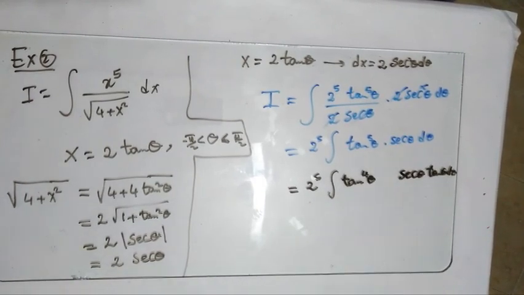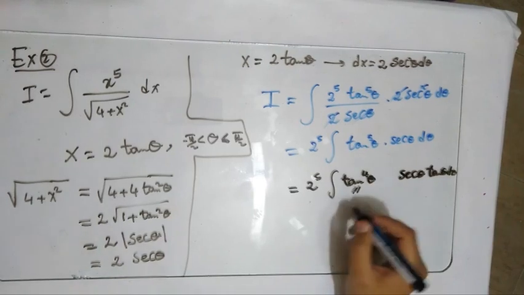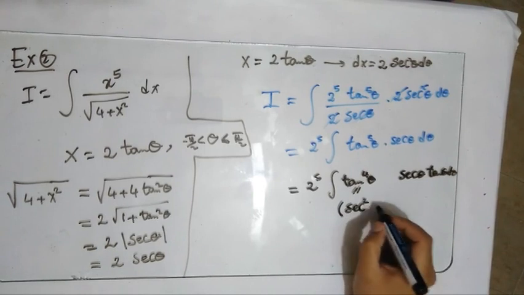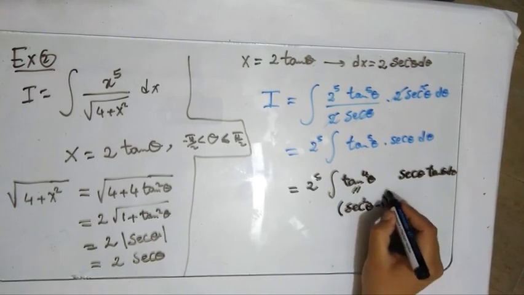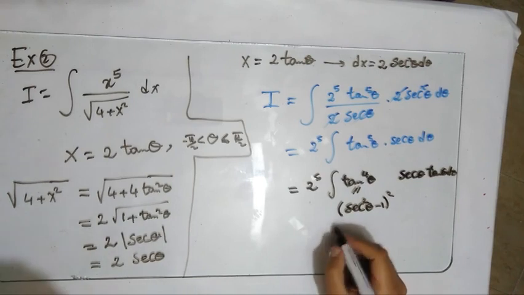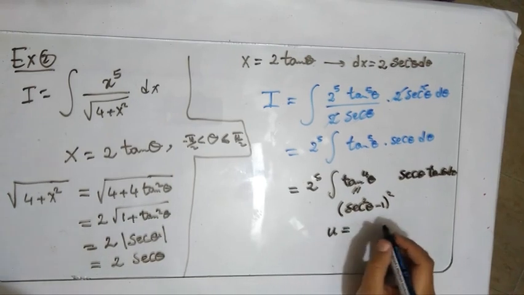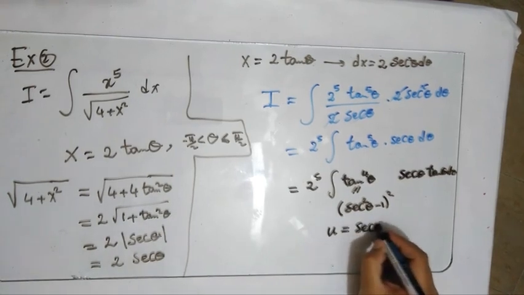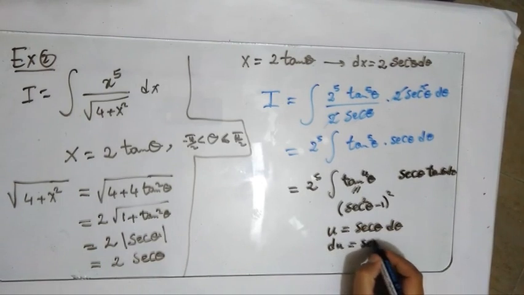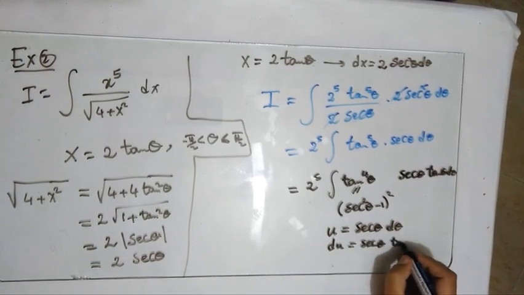Then you have to rewrite tan to the power 4 in terms of sec, so it will be sec squared minus 1, all squared. So directly with this substitution, as we saw in the last section, u equals sec theta, so du will be sec tan d theta.